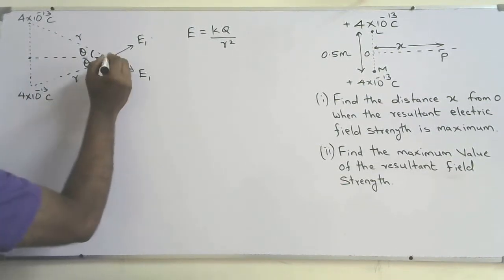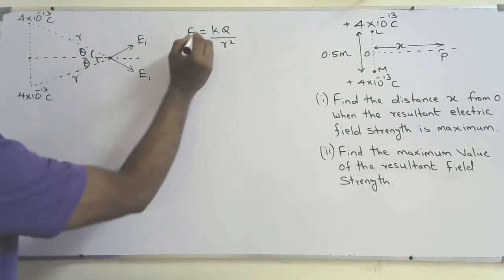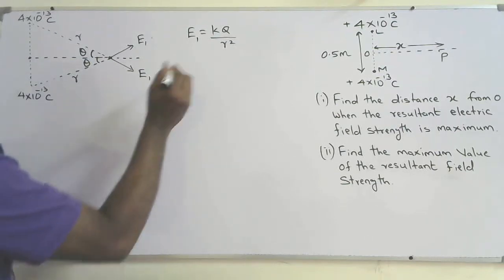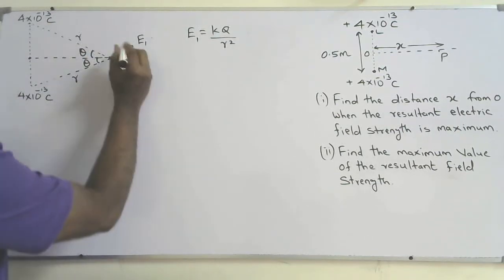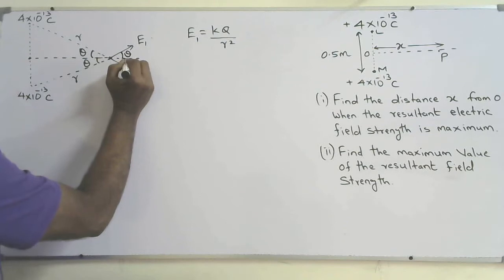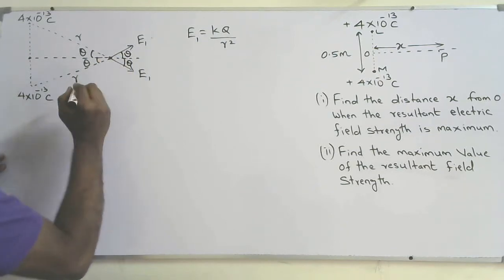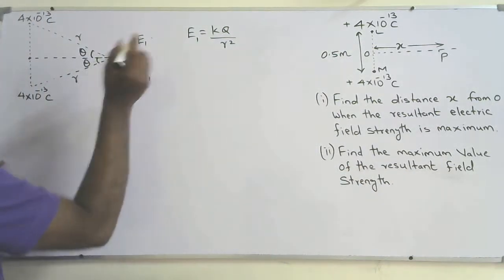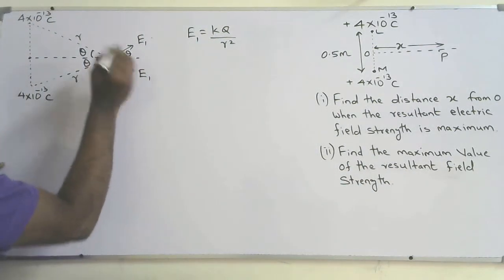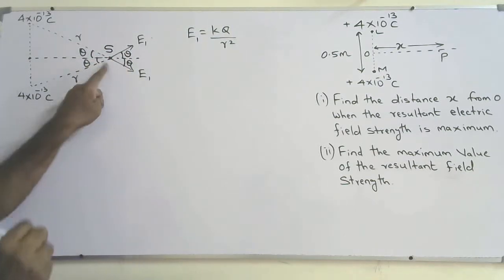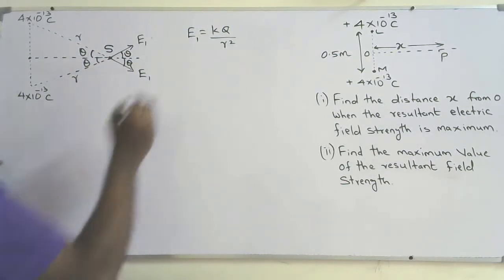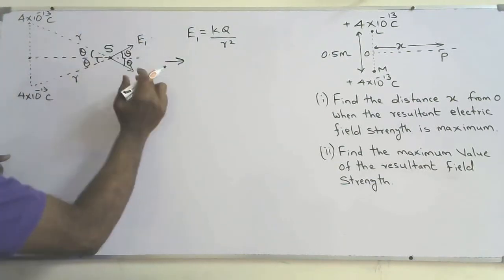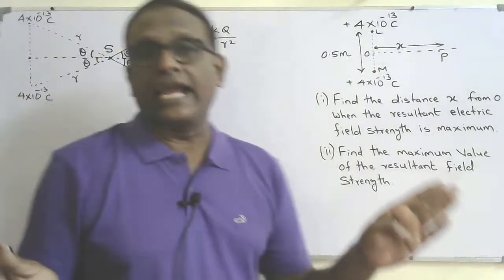So E1 equals KQ over R squared. When we resolve the fields vertically, the vertical components cancel. I'll call the arbitrary point I took S. The resultant electric field strength will be in this direction, towards the right, because the vertical components of the two field strengths cancel each other.